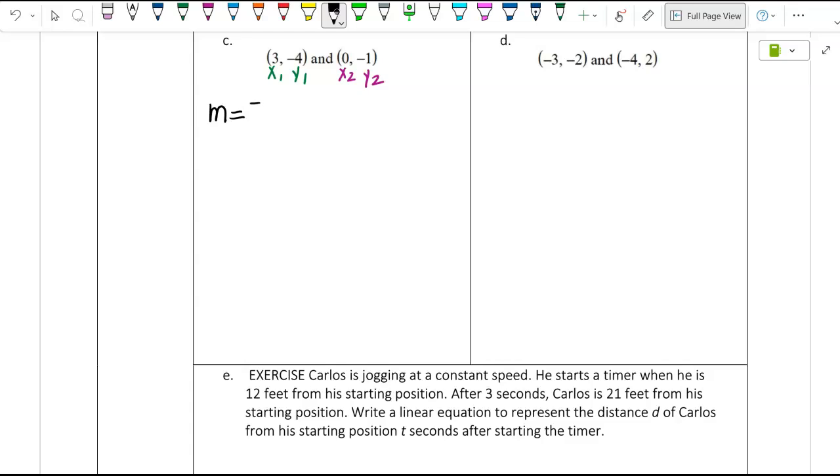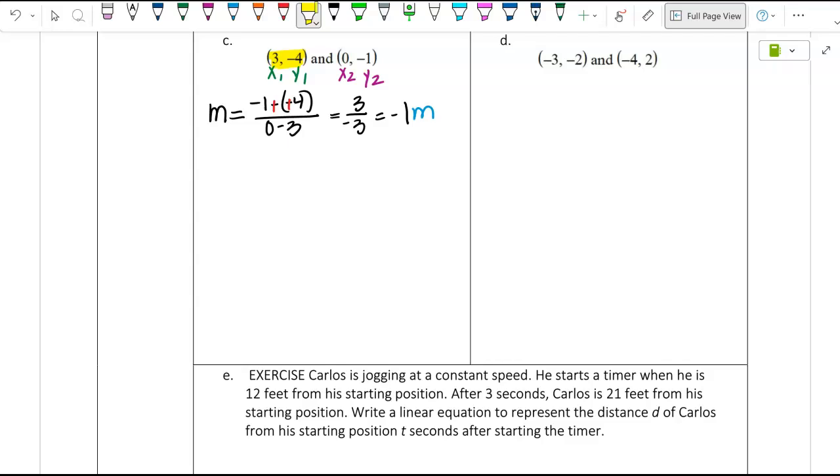So you have -1 minus a -4 over 0 minus 3. You have that double negative on the top, so -1 plus 4 would be +3, but 0 minus 3 is -3 to give us -1, which again is our slope.